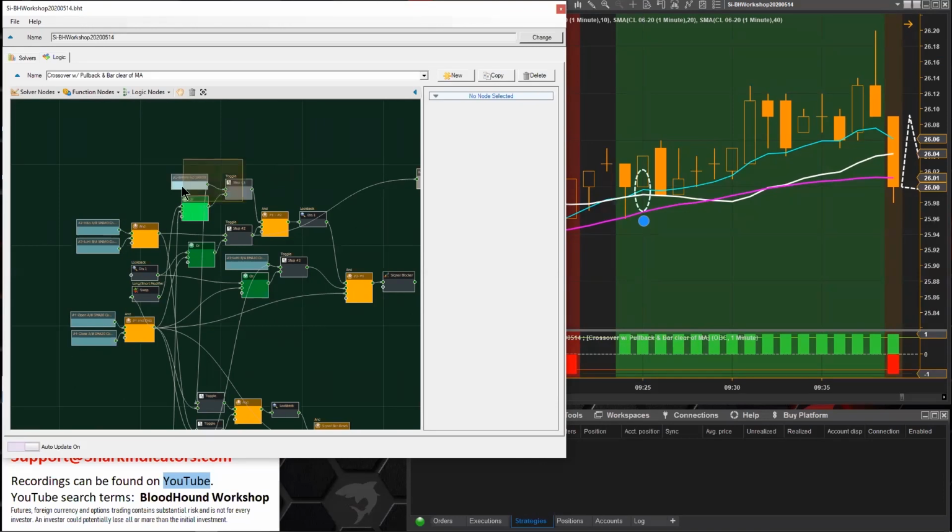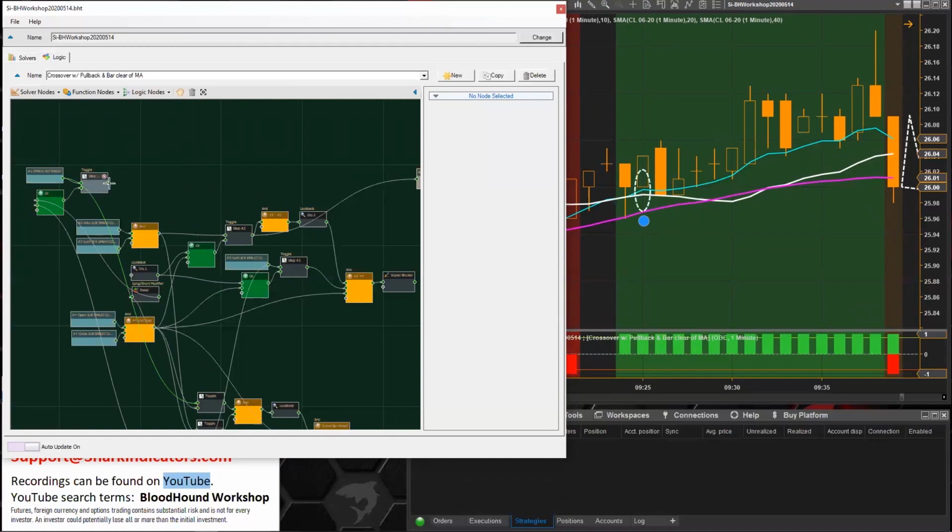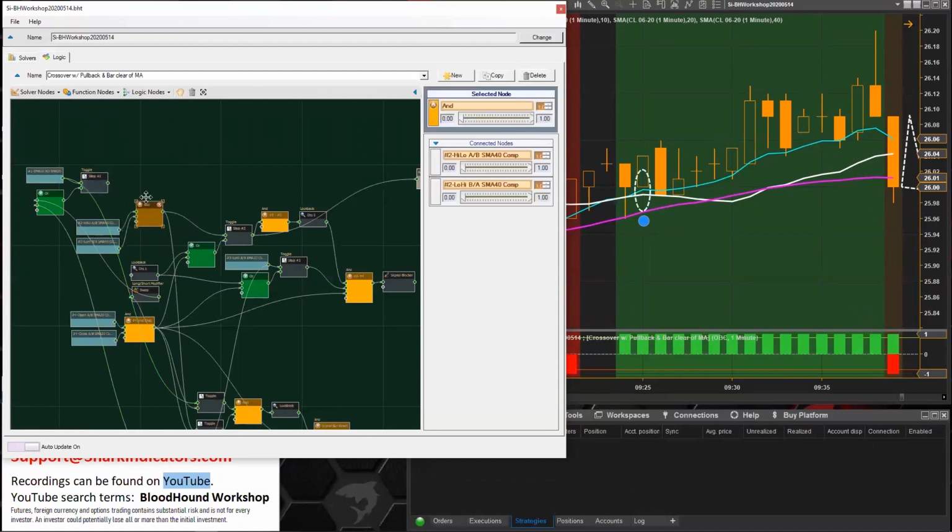I'm going to grab the logic for step 1, disconnect it, and connect it into that. Let me turn the auto update back off here.